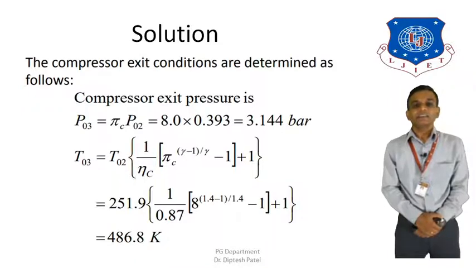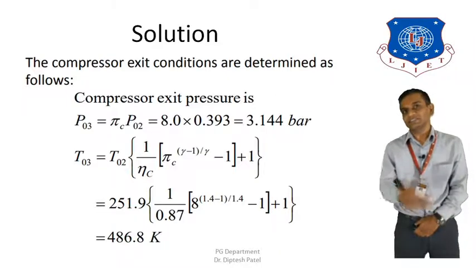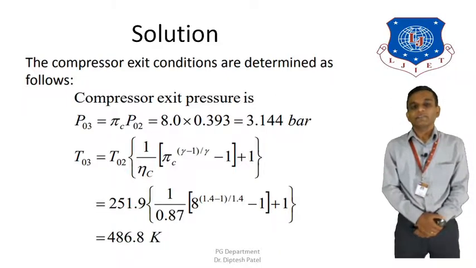Now let's find out the temperature at the outlet of the compressor. So TO3 is equal to TO2 inside the bracket 1 upon eta_c, since that efficiency is given to us, times the bracket pi_c raised to gamma minus 1 upon gamma, minus 1, bracket complete, plus 1, another bracket complete.